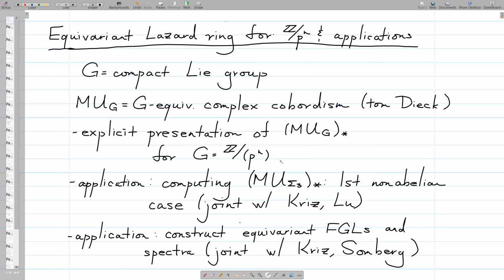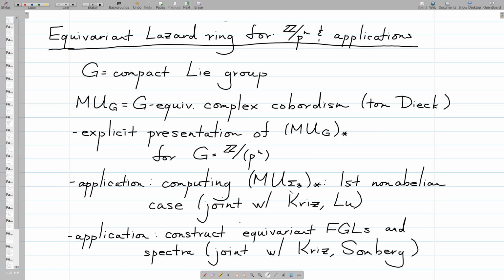One of them is joint with Igor Kriz and Yunze Lu, in which we also computed MUG star where G is sigma 3, the symmetric group on 3 elements. I believe that's the first explicit calculation for a non-abelian group.